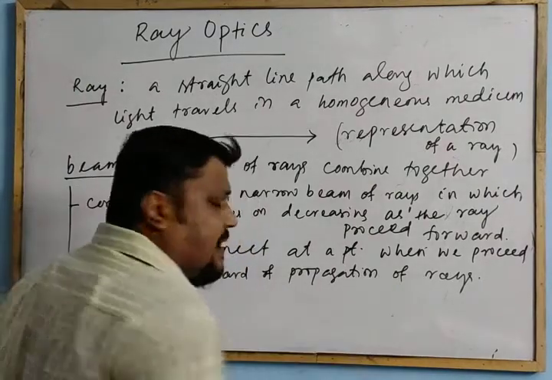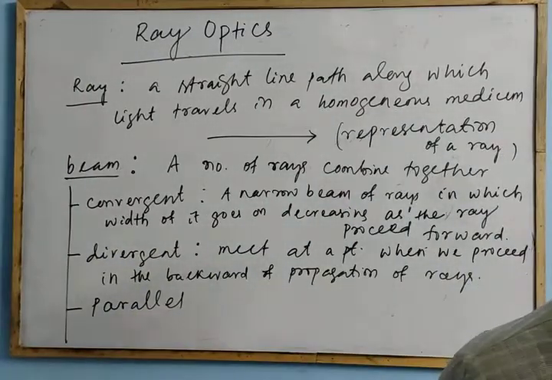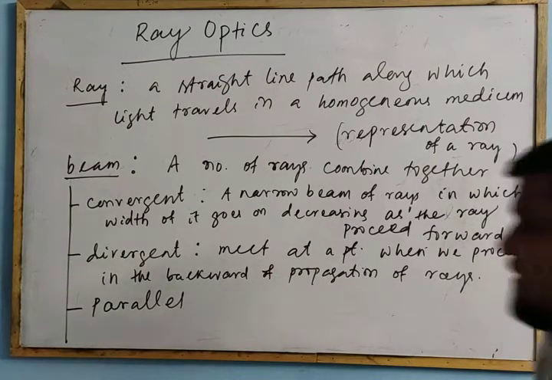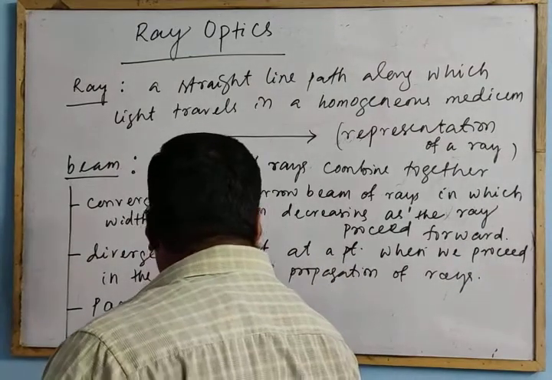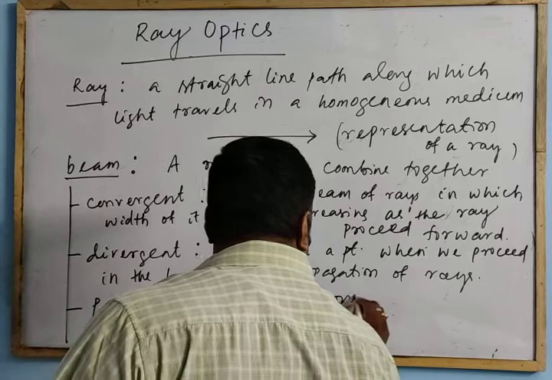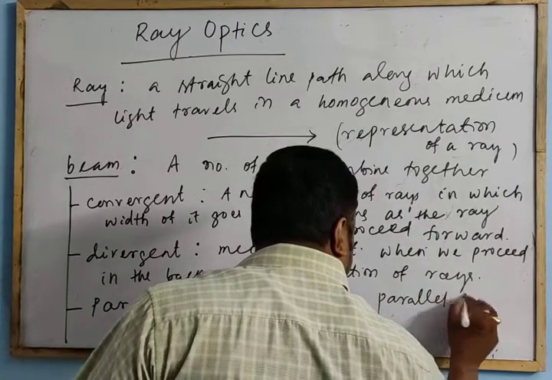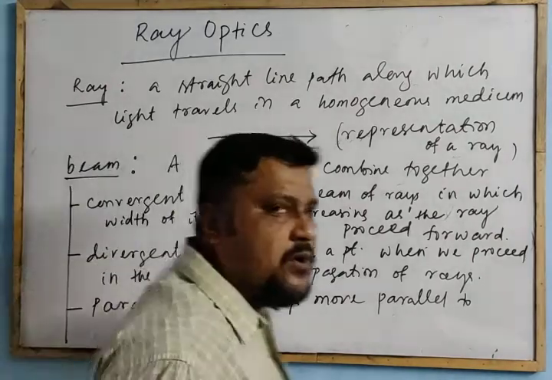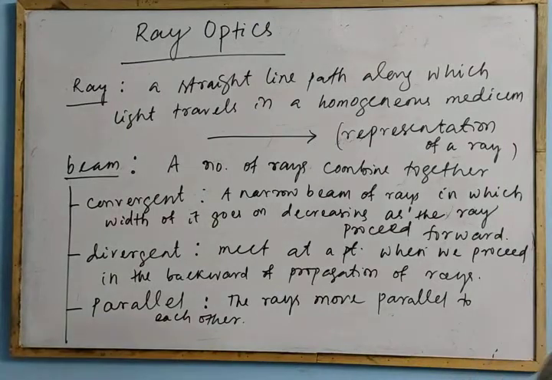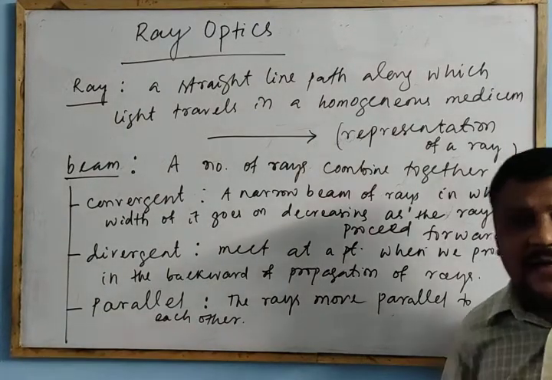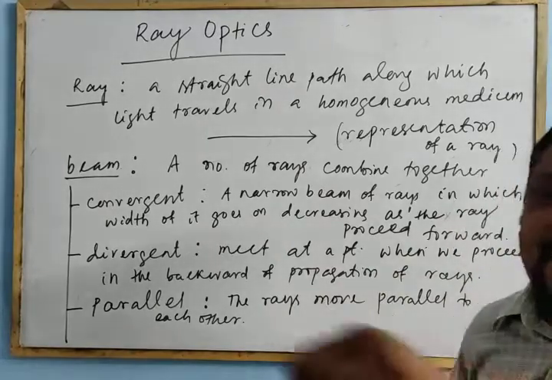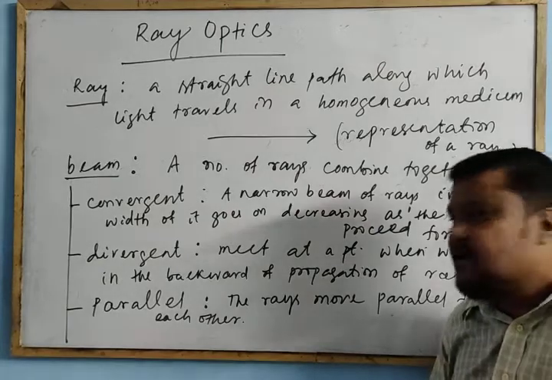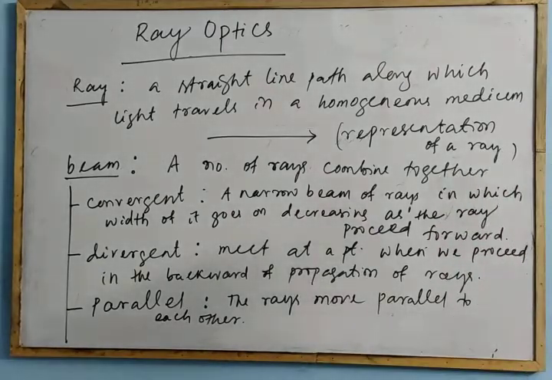Then next, what is a parallel beam? The parallel beam is the narrow beam of rays in which all the rays move parallel to each other, and the width of the beam does not change; the width will remain the same.